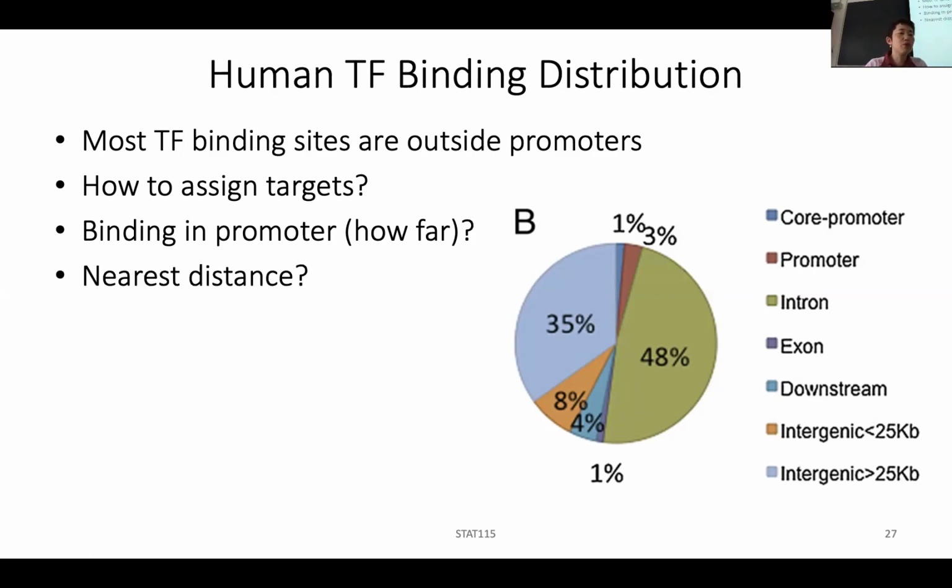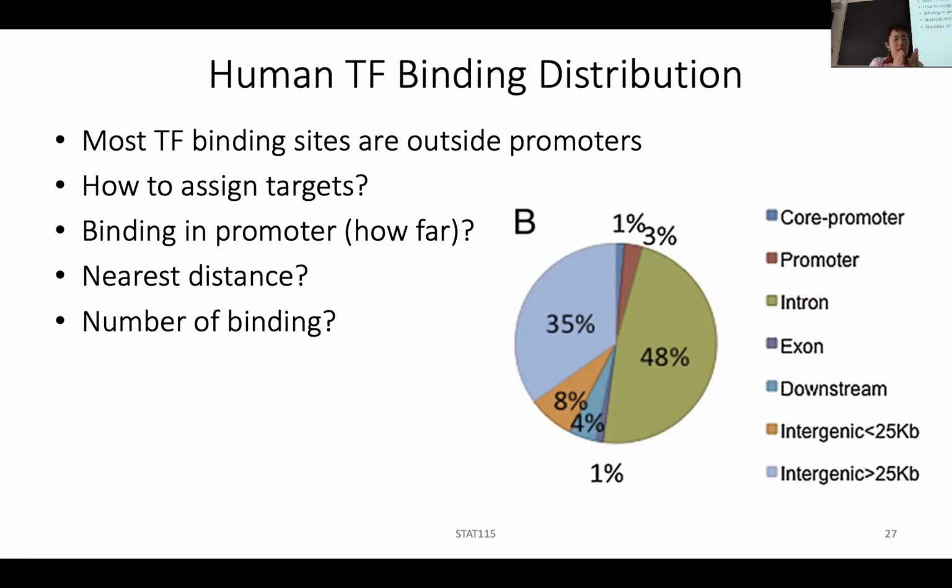Other people also try to assign a peak to the nearest gene. So for example, if I have a peak and that gene is 10 kb and this gene is 5 kb, it's going to be assigned to the 5 kb and not the 10 kb, right? So people also do that, using the distance to the nearest gene transcription start site. Later on, people also noticed that the number of binding sites near the gene for a transcription factor is also important.